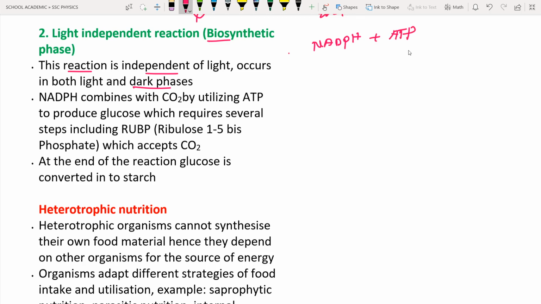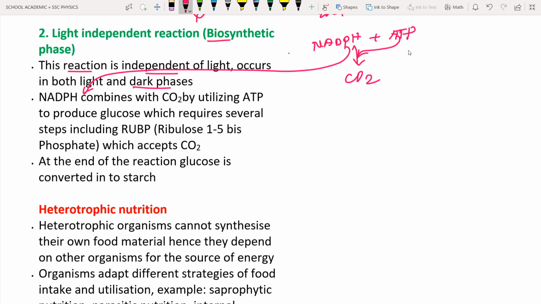Here you can see this NADPH is going to combine with carbon dioxide, not oxygen, by utilizing ATP. So this carbon dioxide is reduced, and it is utilized for the production of glucose molecules.